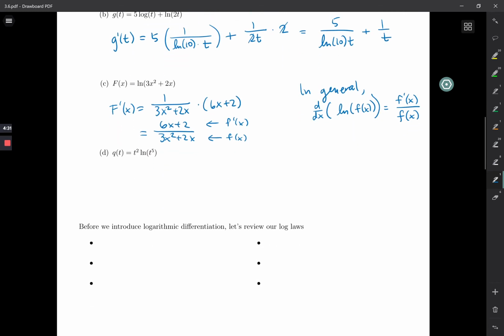Okay, and we have one more, so I'll just box this off. We have one more example here, and in this case we have to use the product rule because we have those two functions being multiplied together, and then we have another chain rule using the natural log.